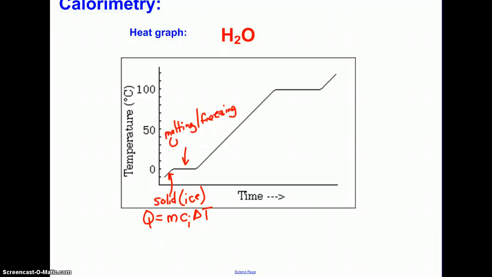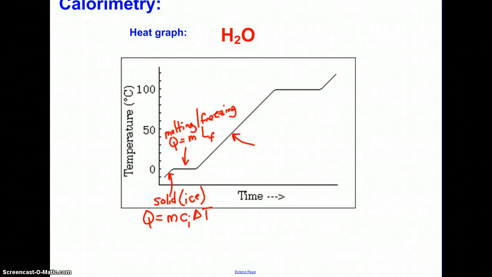This is a Q, still adding heat to it, equals mL calculation. The L is the latent heat, and in this case it's the latent heat of fusion. So this would be a Q equals mL_F calculation. That's how you would calculate the heat added to or lost by the H2O as it's melting or freezing.